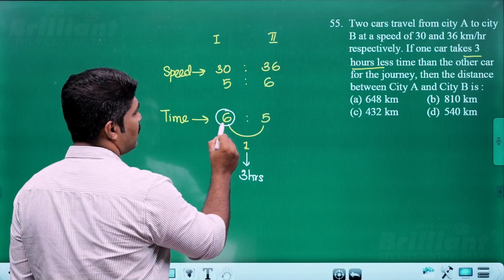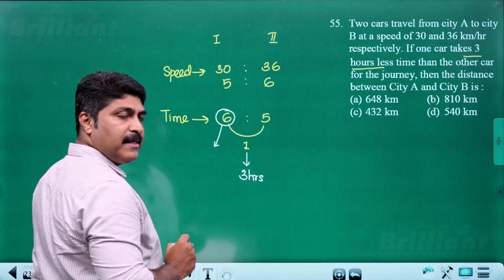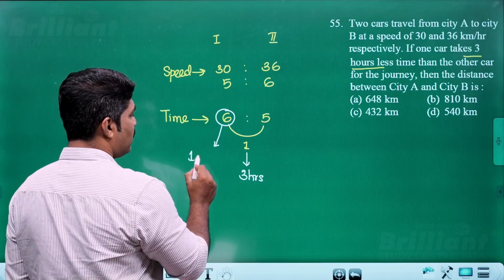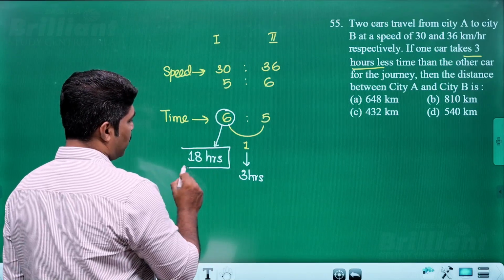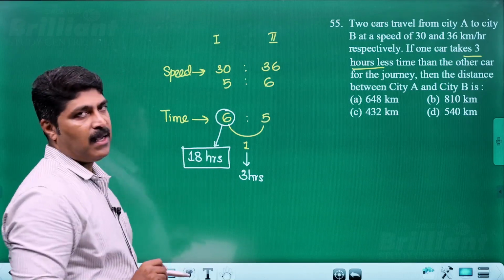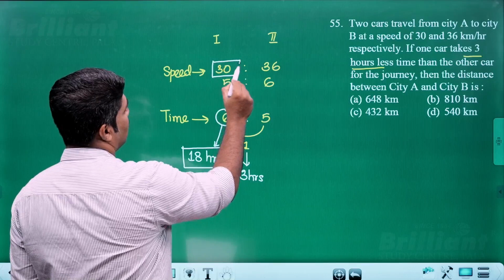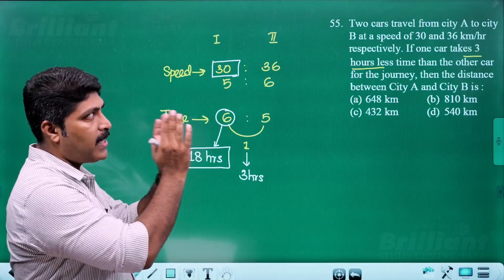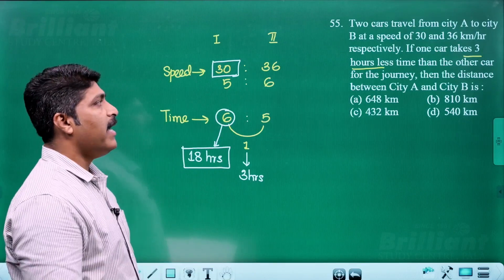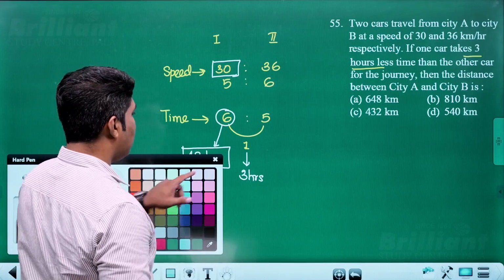So then what is this 6 representing? As 1 is representing 3 hours, 6 is representing 6 into 3, that is 18 hours. Understand that point. That means this car continuously travels 18 hours at a speed of 30 km per hour for covering that particular distance between A and B. Therefore, the required distance we can easily find.